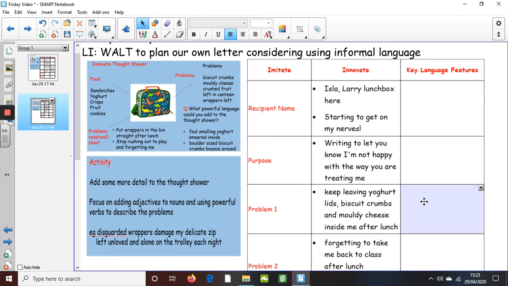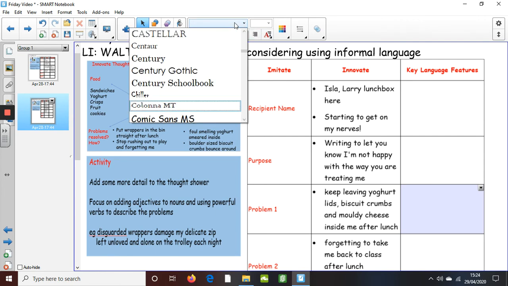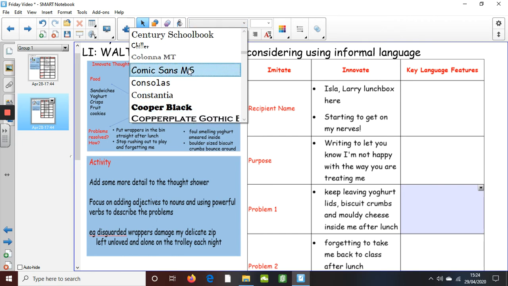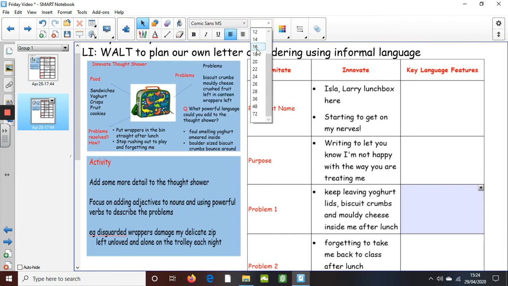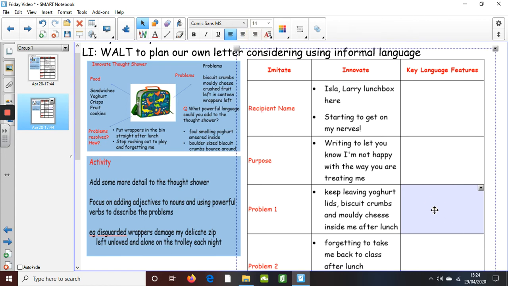If you look again at the thought shower, I came up with a few that we might be able to put in. So, for instance, regarding the yogurt, we might call it, let's bring this up. We might call it the foul smelling.